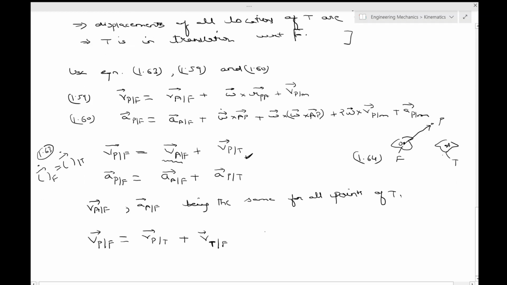Similarly, we can write the acceleration of P with respect to F is equal to acceleration of P with respect to T plus acceleration of T with respect to F.